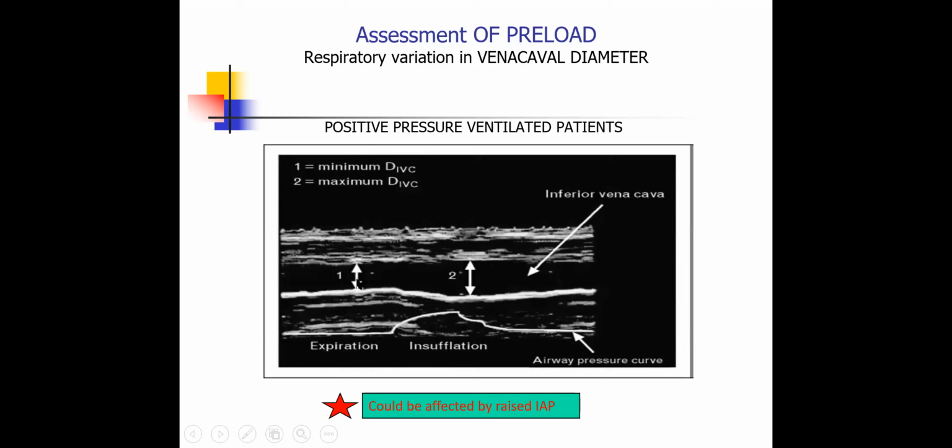During the expiration, you have the minimum IVC distensibility, whereas during the insufflation, you have the IVC distended and you have the maximum diameter of the IVC. But these values could be affected by a raise in intra-abdominal pressure. Remember that. If the intra-abdominal pressure is raised, these values will not be good predictors of fluid responsiveness.